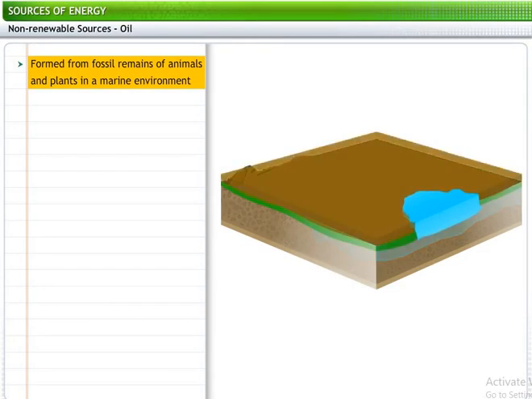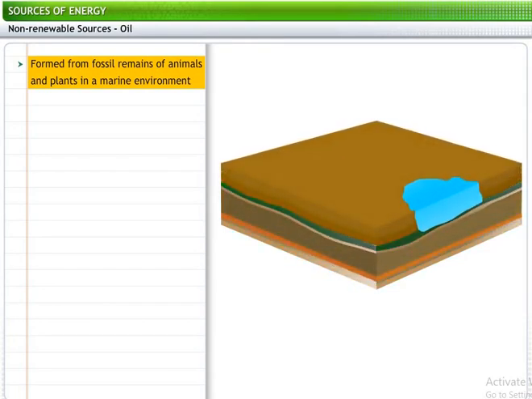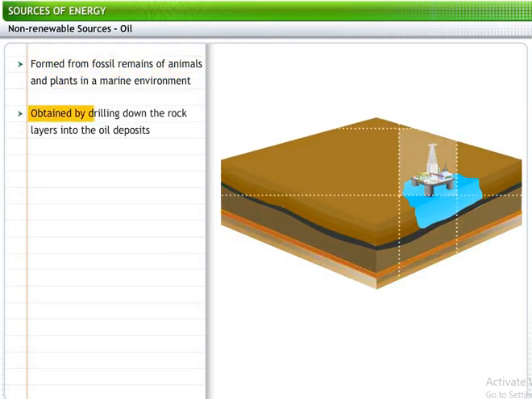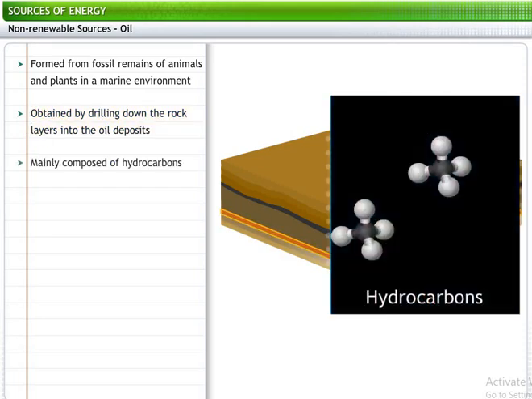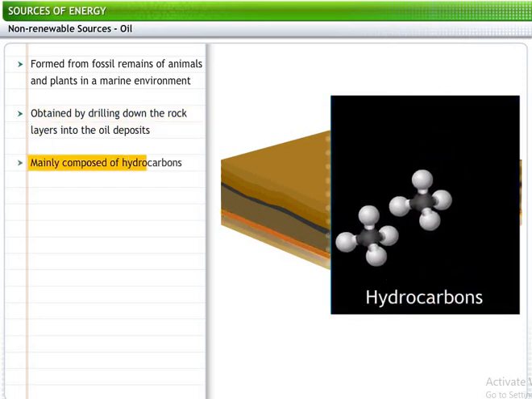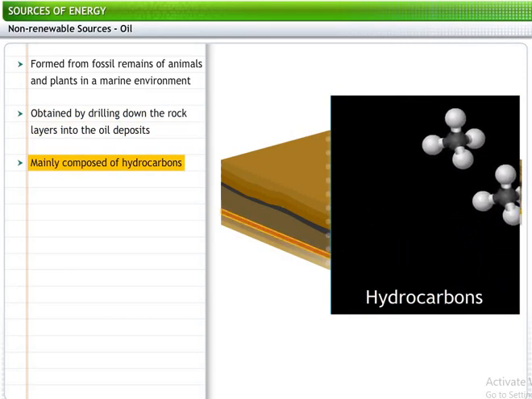These fossil remains turned into crude oil due to heat and pressure from the rocky layers above. We obtain oil by drilling down to the sources containing oil deposits. Crude oil is mainly composed of hydrocarbons that are a varying combination of carbon and hydrogen.